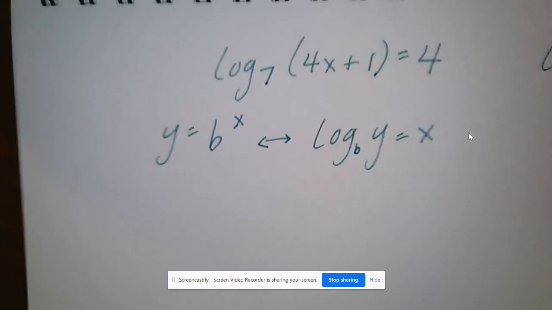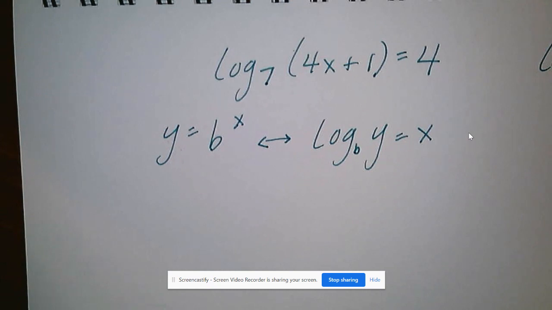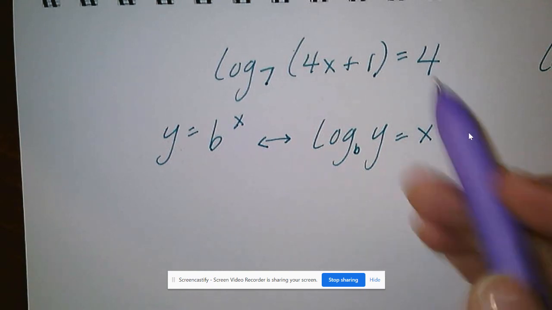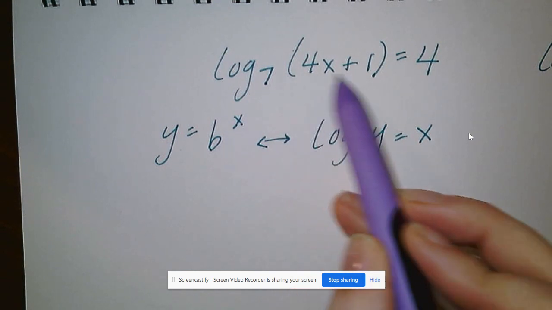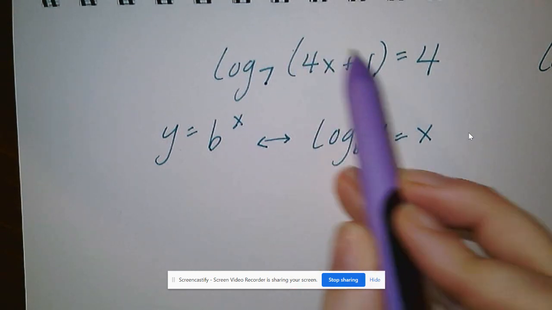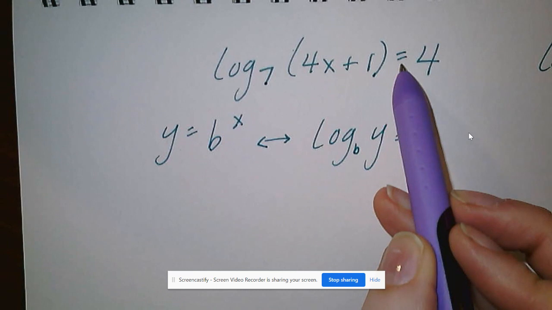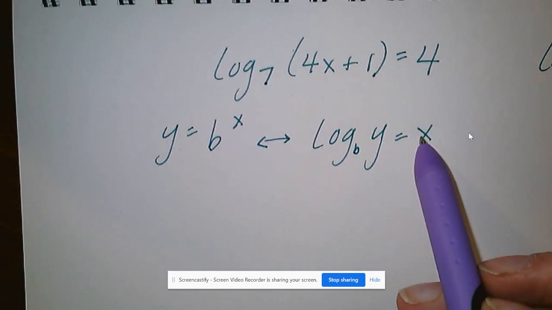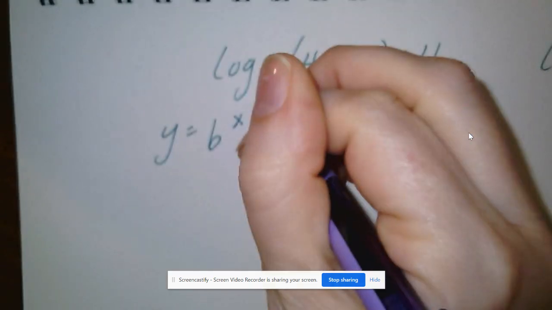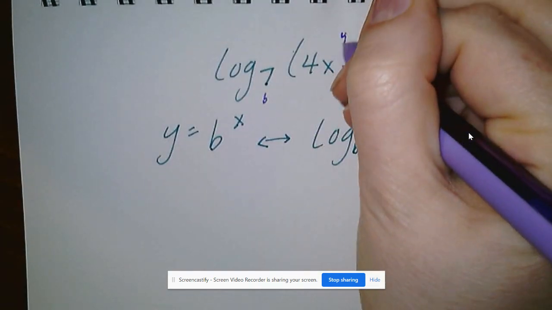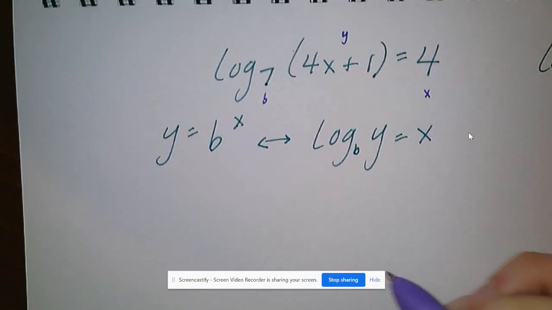So again, if the order in which I wrote it is confusing, you can rewrite it in whichever way works for you. Right here, this is my log base b of y. The y is a whole expression here, equals, and here's my x. Okay, I'm going to have to rewrite this. So this was my base, this was my y, and this is my x.